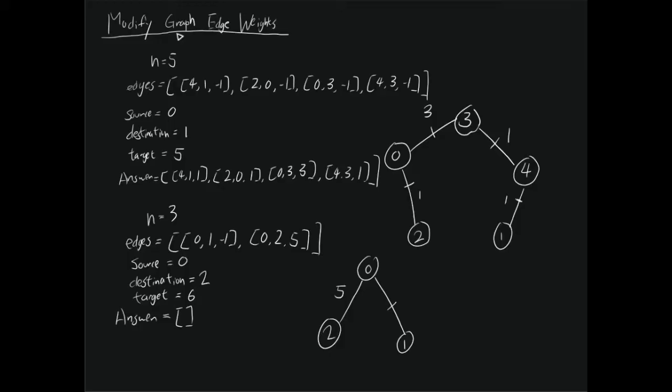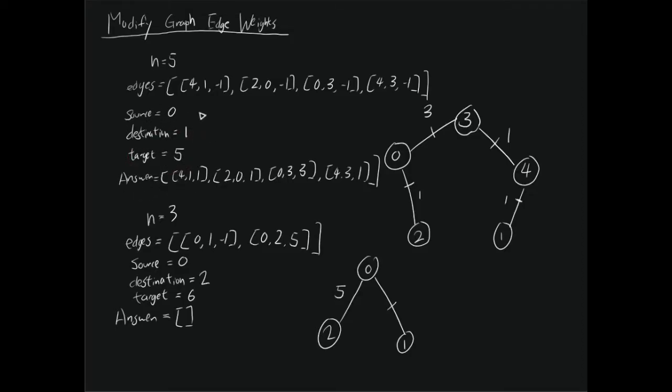So basically, you are given a graph with n being the number of vertices and edges being the edges of that graph. And you're also given a source, a destination, and a target. You need to return whether it is possible for the shortest path of this graph from source to destination to be target.